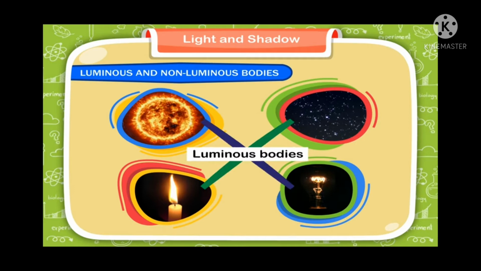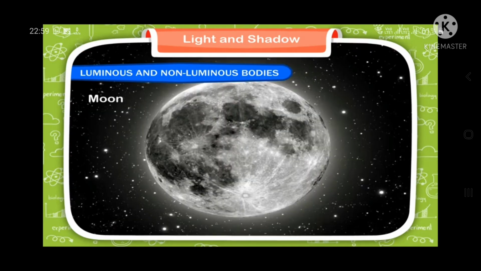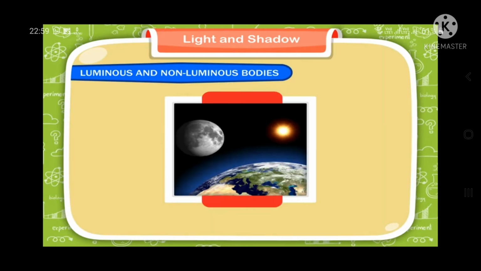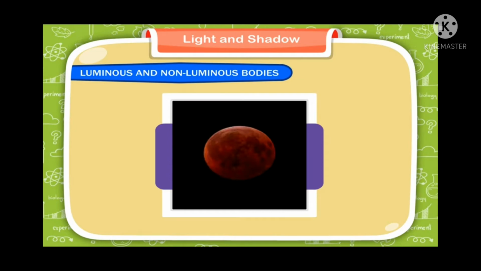The bodies such as the moon do not have light of their own, hence are called non-luminous objects. We can see its shining because it reflects light of the sun. When light falls on any non-luminous object, it reflects in all directions.